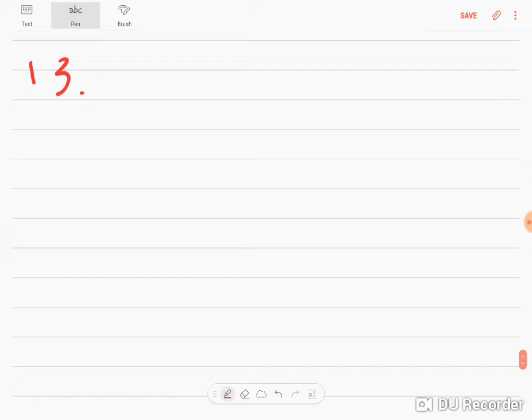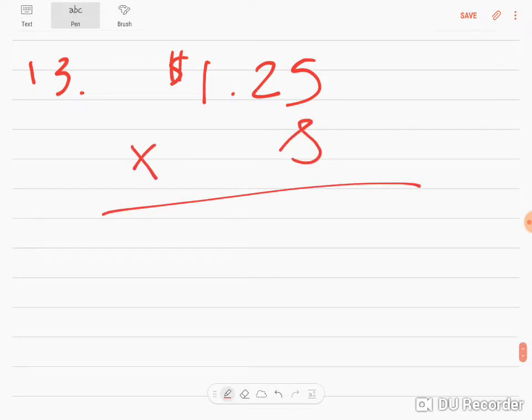Number 13. I have $1.25 times 8. 8 times 5 is 40. 0. 4. 2 times 8 is 16. Plus 4 is 20. 0. 8 times 1 is 8.